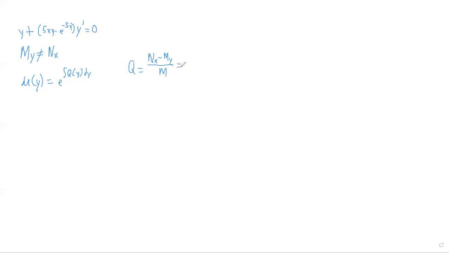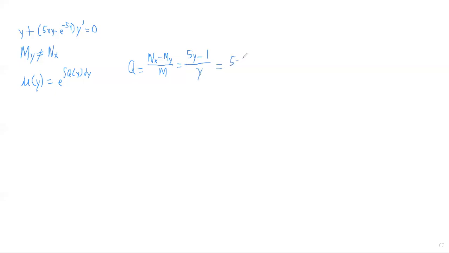And q is equal to, so N sub x is 5y minus, because there's nothing here for x, minus 1 over y, which is equal to 5 minus 1 over y.